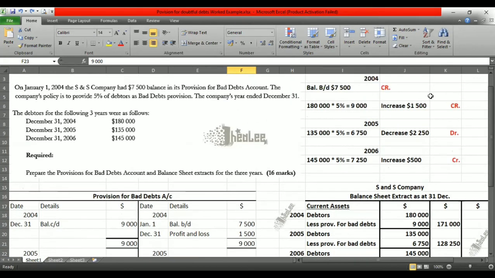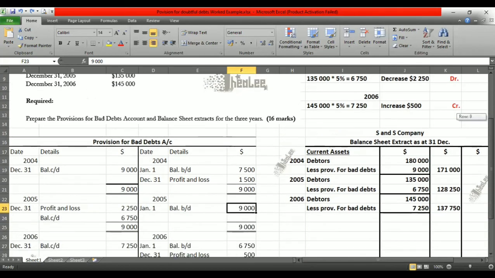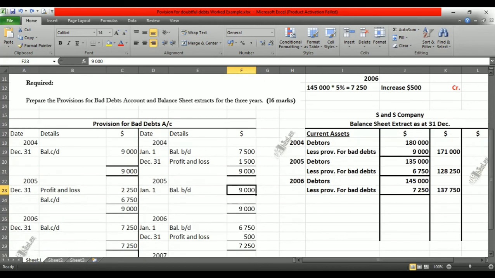So you have to ensure that your account reflects this $7,500, and from there, you do your workings. In the following years or periods, you ensure that you show only the increase or the decrease. So there you go. You should be able to respond to any provision for bad debts account presented to you in the exam.